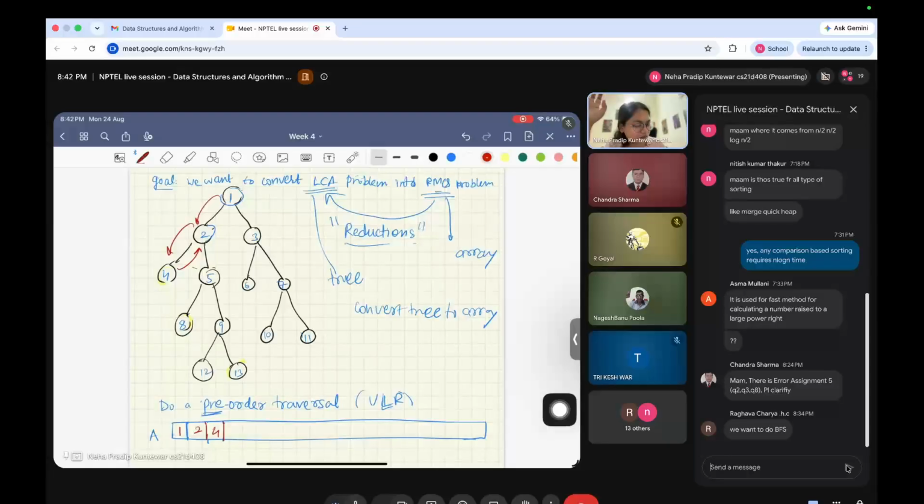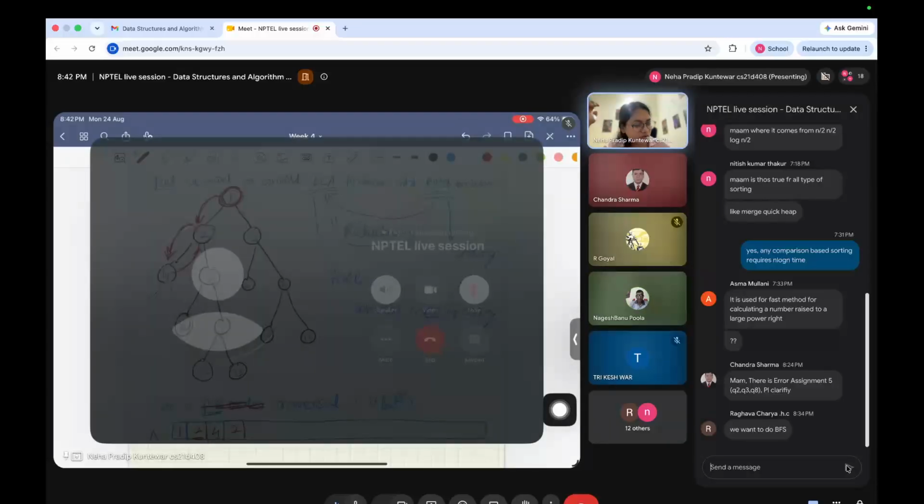I'm very sorry for the confusion, this is not the correct name. What I mean to say is, you visit the root, go to the left, write that, go to the left, write that. Now you can't go further and you're coming back, so you write that as well. This is slightly different.